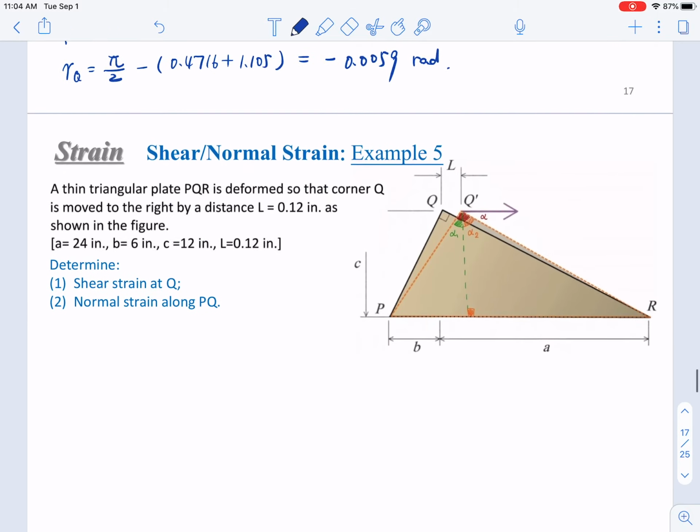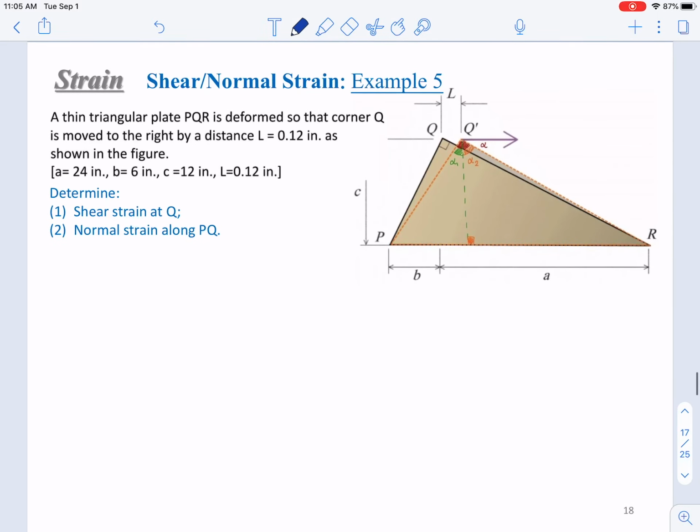In the second step, we're finding the normal strain along PQ. PQ is here. After deformation it becomes PQ prime.